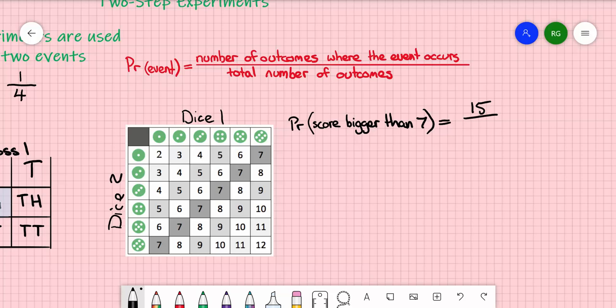And out of, there must be 6 by 6, which is 36. We must be able to simplify that by dividing by 3. So we get 5 on the top line, 12 on the bottom line. So the probability of rolling a score larger than 7 is 5/12.